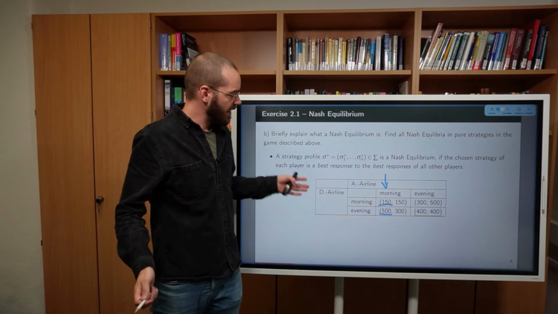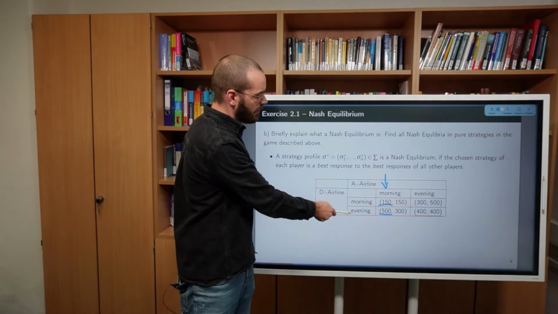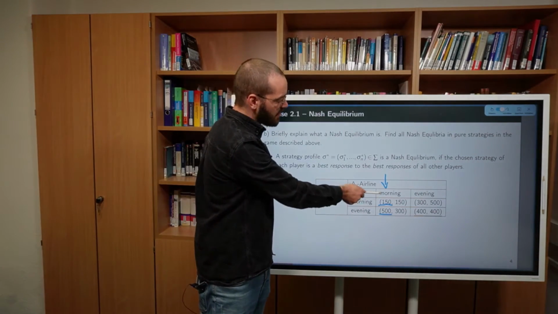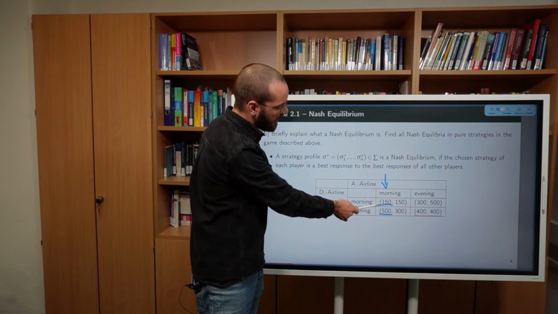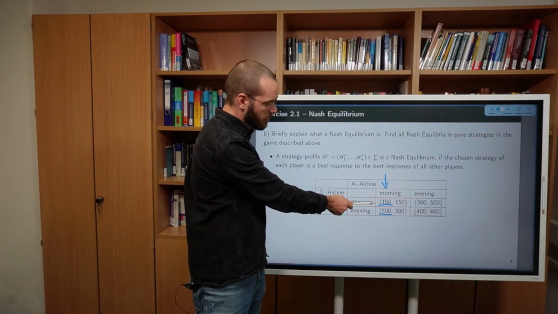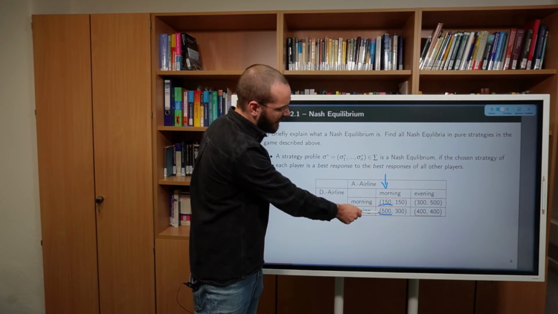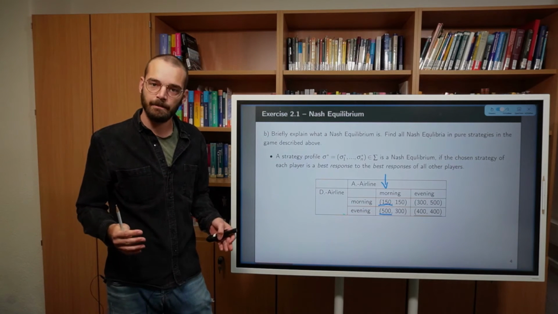So the D airline has two choices, two options. It can either fly in the morning or in the evening. And given that A airline is flying in the morning, we see that the D airline is receiving a payoff of 150 in case it chooses to fly in the morning too, and it receives a payoff of 500 in case it chooses to fly in the evening instead.